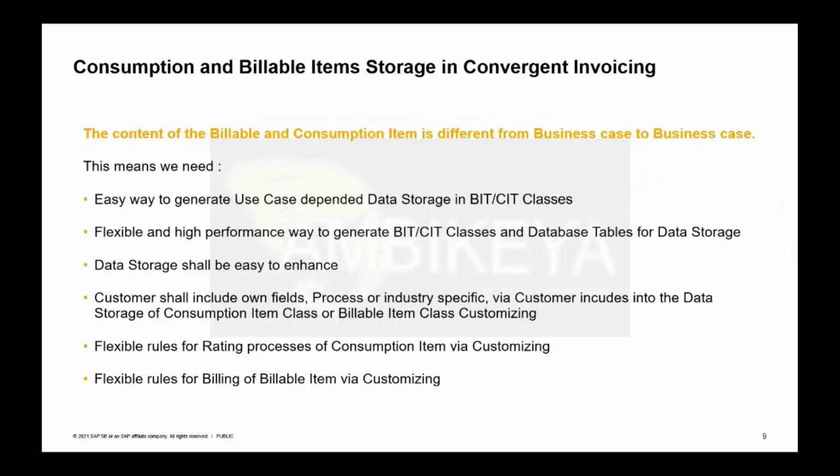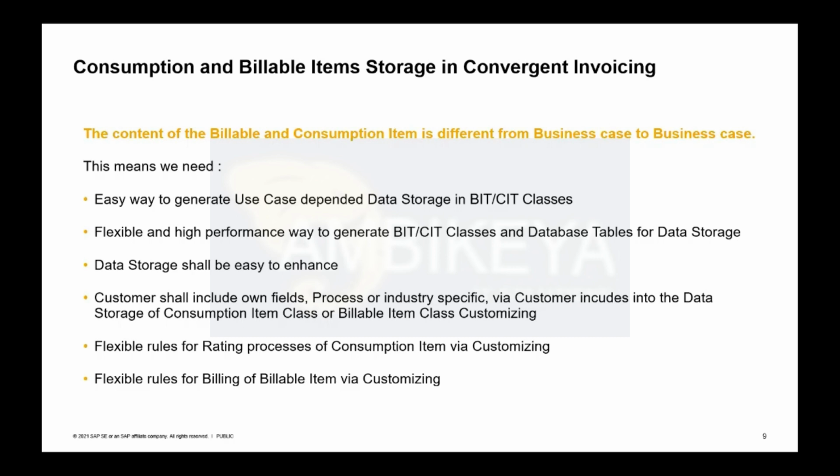Okay, then we want to have a short look at consumption and billable item storage in Convergent Invoicing. You can easily use the structures. That means you define which fields should be included in a BIT class, but you can also easily customize how many databases you want to have.